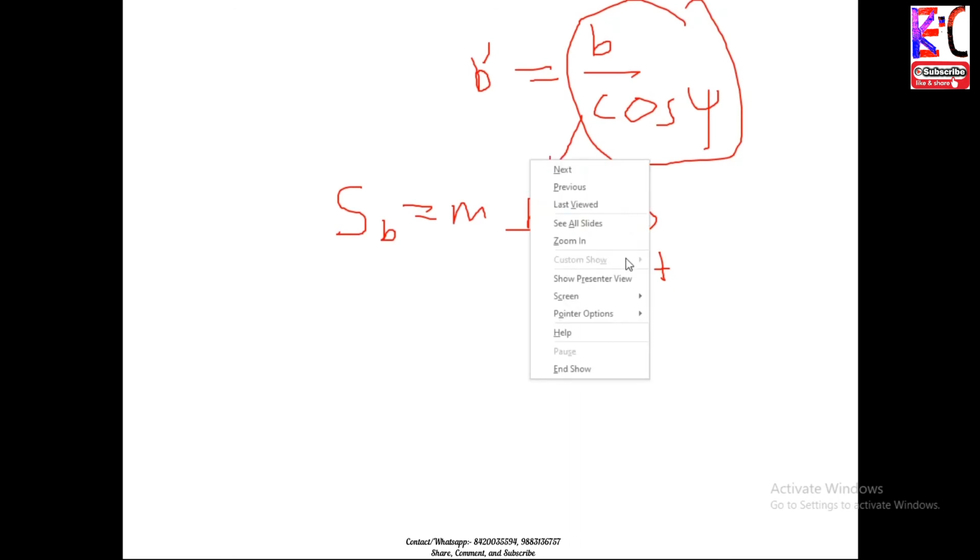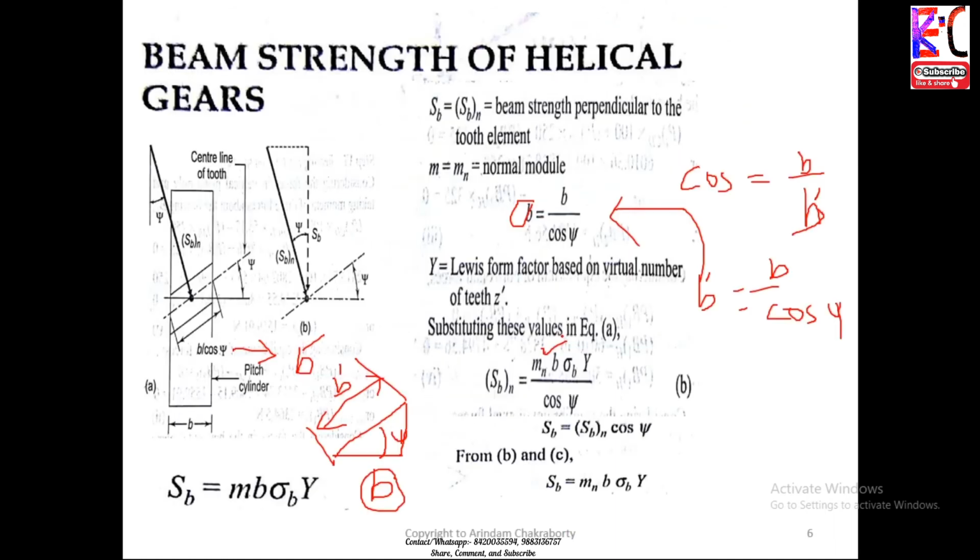As you can see, let us go back to the last view. We have derived B dash and we have just incorporated it over here. Understood? The formula remains entirely the same, it just gets changed by an angle because it's a deflection due to the helix angle.